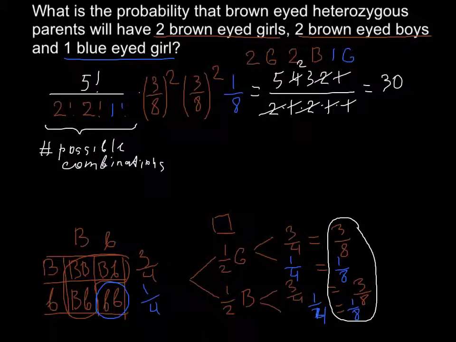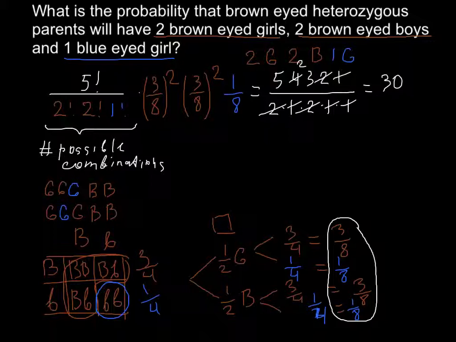For example, we may have different situations. For example, girl, girl, girl, and also boy and boy, and a different combination can be, for example, girl, girl, girl, and boy, boy, and so on.